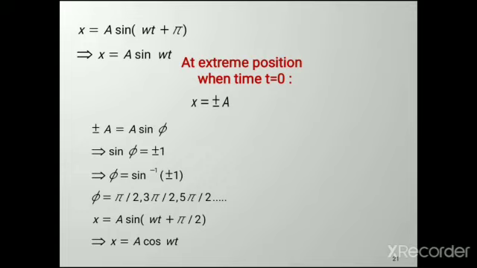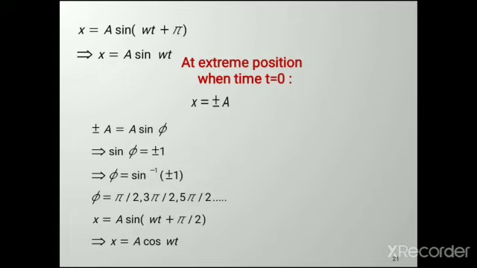When object starts its motion from extreme position, let us calculate the value of x. At extreme position, when t is equal to 0, x is equal to plus minus a. So let us substitute in the equation of displacement. We will get plus minus a is equal to a sine phi. So sine phi is equal to plus minus 1.